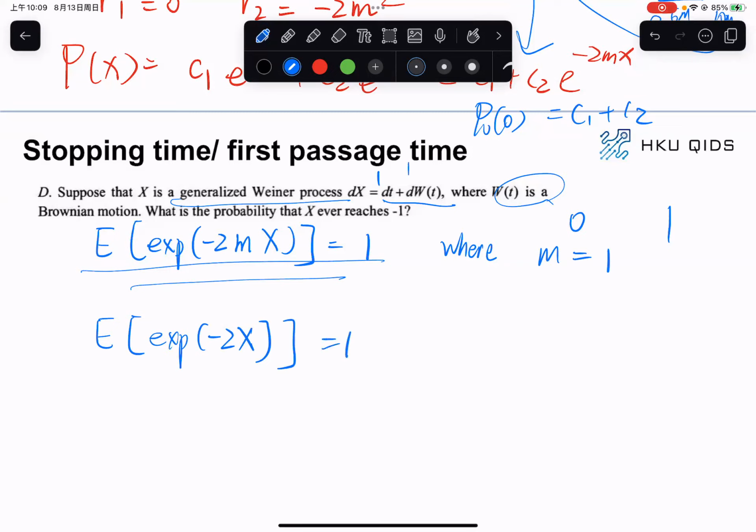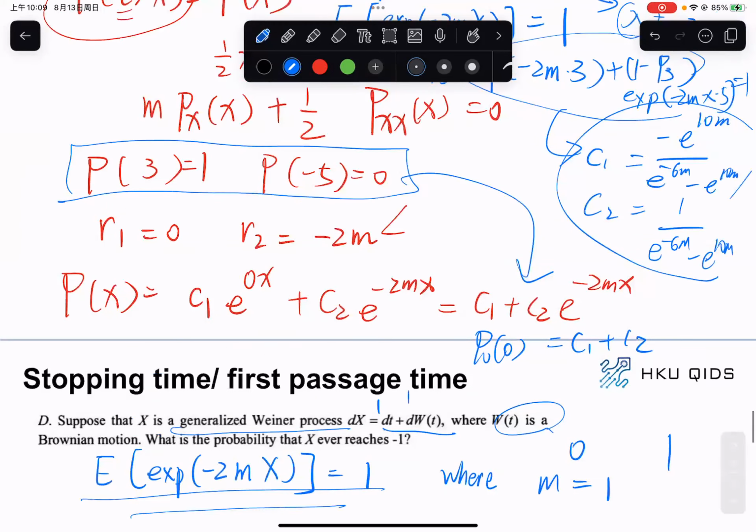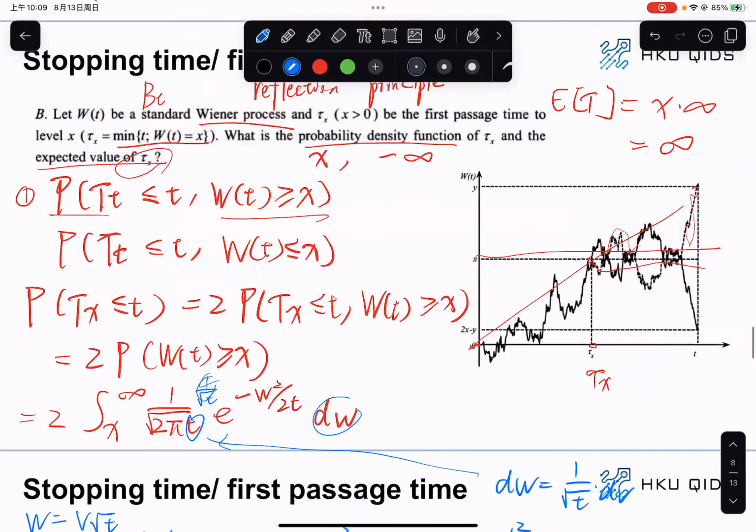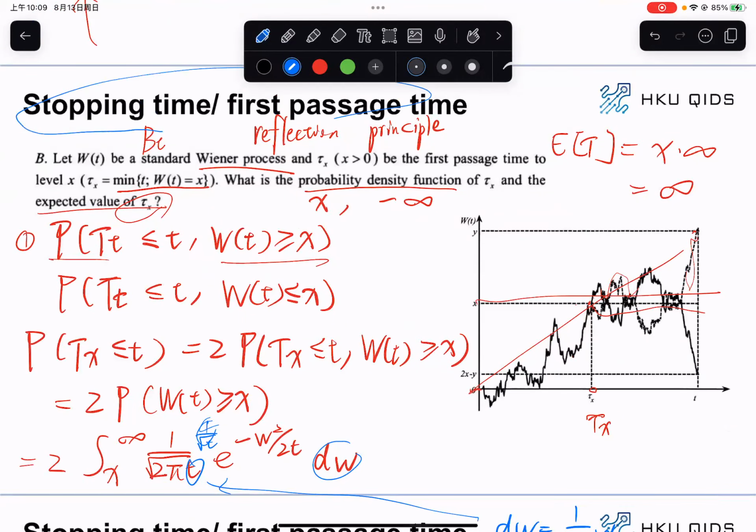Then it may not be obvious, since we only have one apparent boundary, -1. So to apply a stopping time, we also need a corresponding positive boundary. But from the previous question, we can already see that if we only have one side's boundary, we can just set the other side as negative infinity or positive infinity.